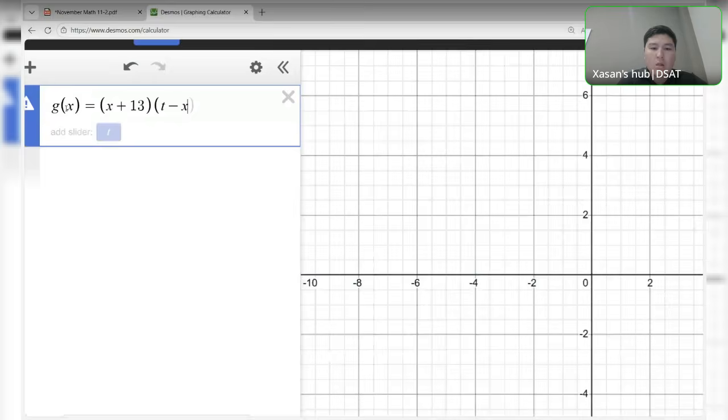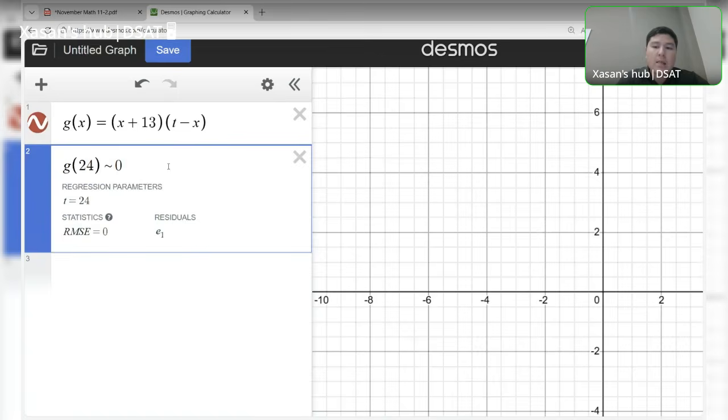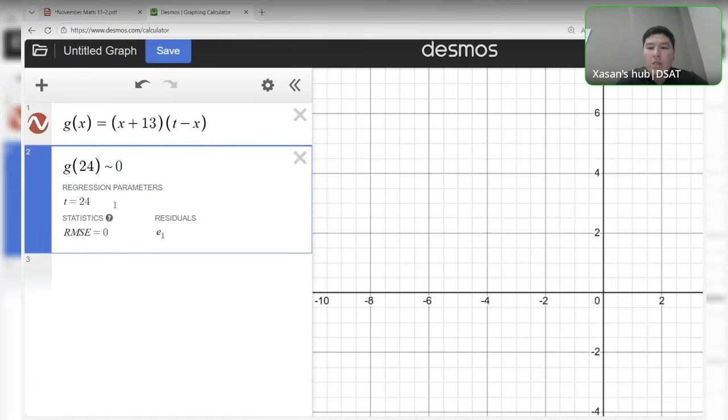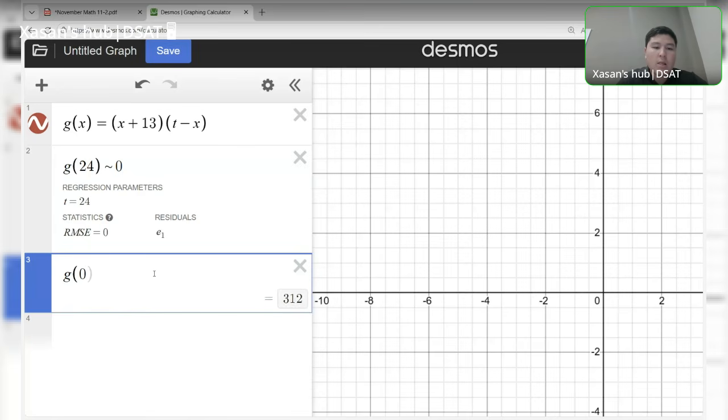Of course, the question is saying that we got a point, g of 24 equals 0, right? g of 24 equals 0, and that's showing us the value of t, but the question is asking g of 0. Okay, just write g of 0, and that is now 312, totally done by Desmos.